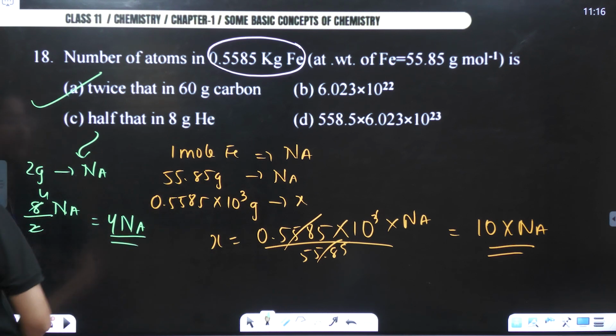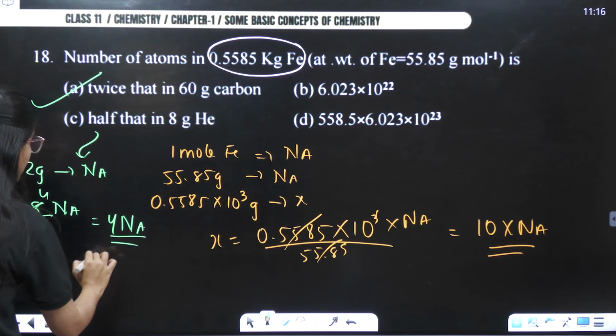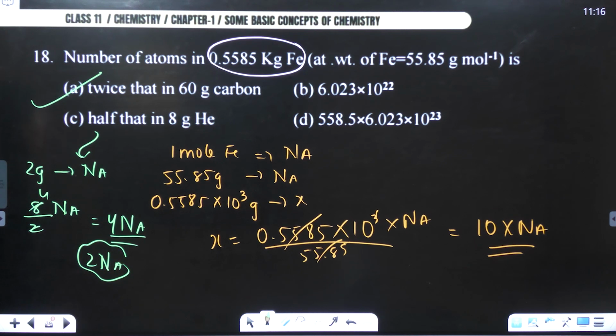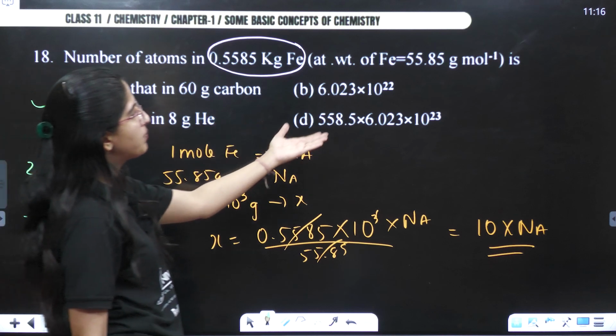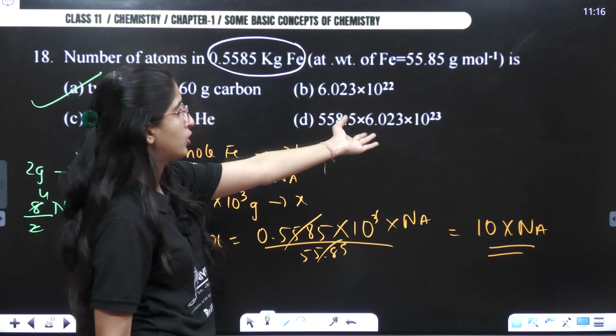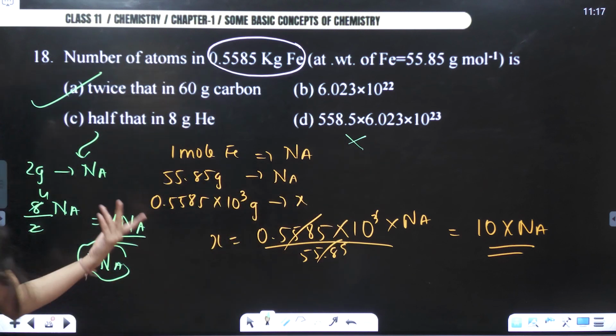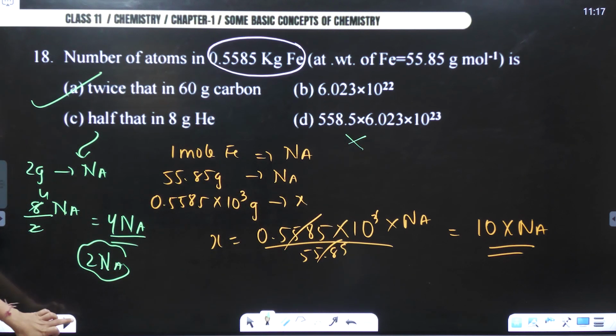So half of this is 2 Avogadro's number, which it is talking about. Next is 558.5 into 6.023 into 10 raised to 23, which is also wrong. You cannot multiply directly by the mass given.